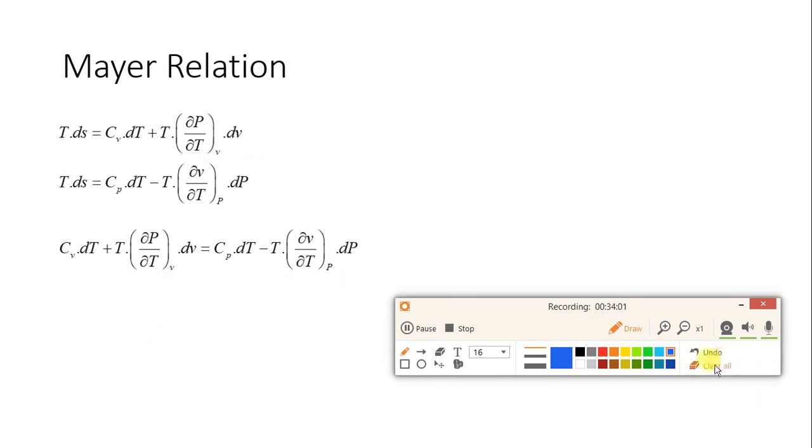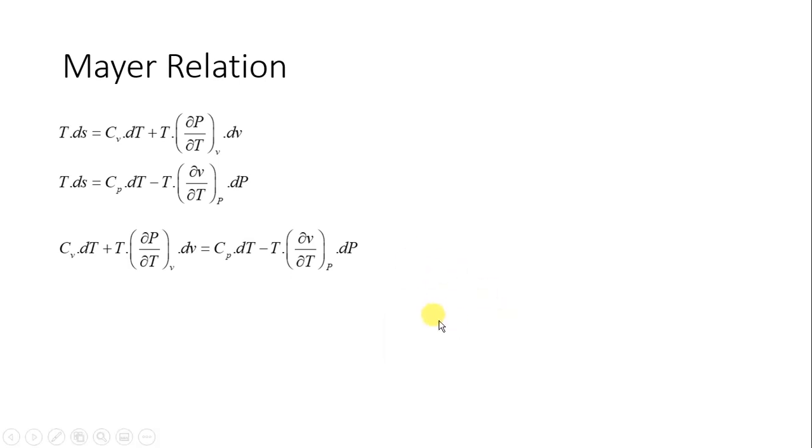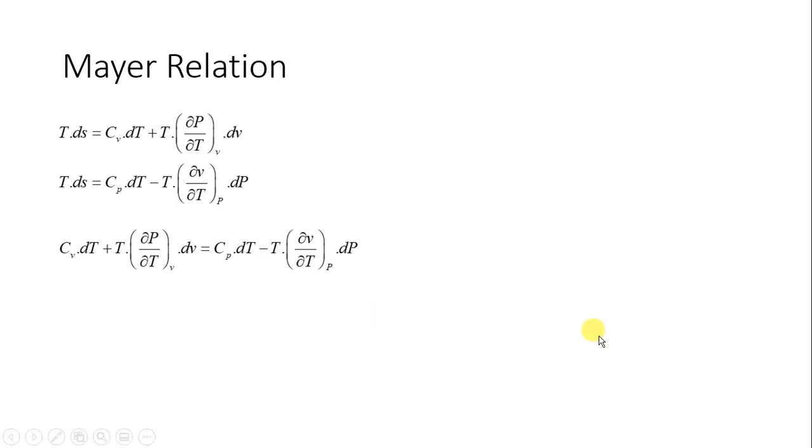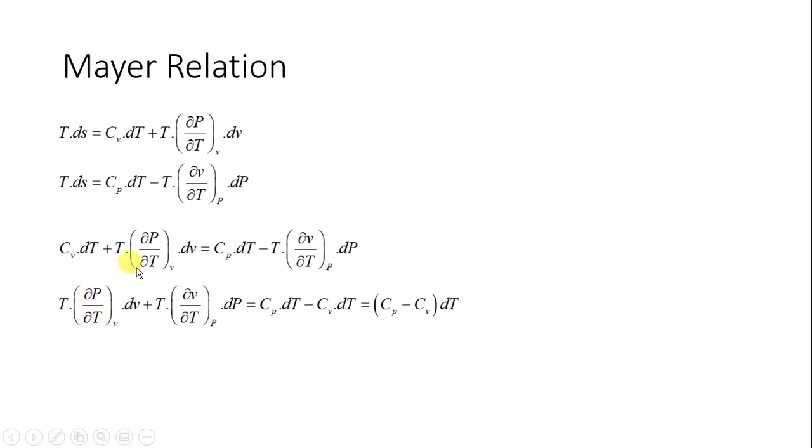Okay, now, what we can do is take this term, T dou P by dou T at constant volume, dV, to the left hand side, so it will become positive.